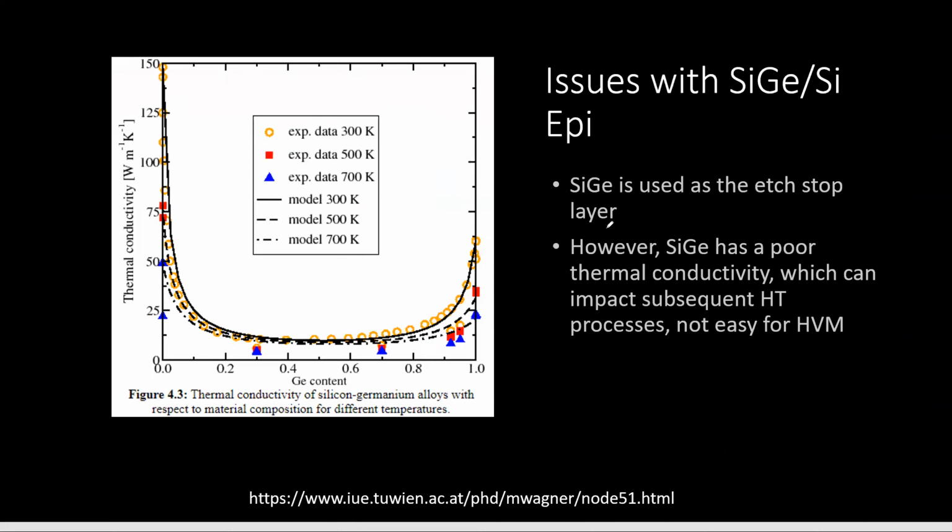Well, so what? You have some layer beneath your wafer with a lower thermal conductivity. What's the big deal? The big deal is this. It has such poor thermal conductivity, and for all the subsequent silicon processes, there are many high temperature processes.